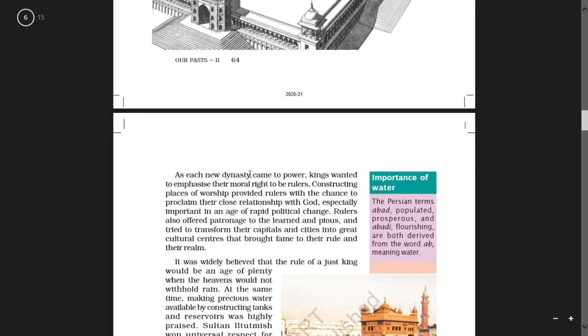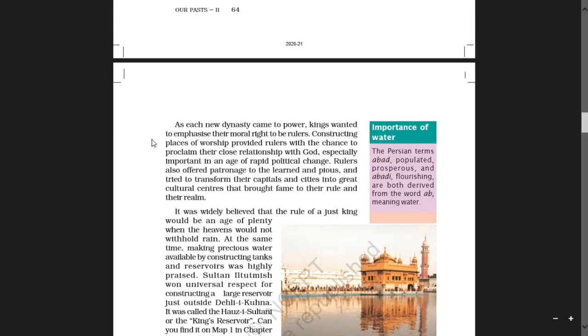As each new dynasty came to power, kings wanted to emphasize their moral right to be rulers. Emphasize means give special importance.